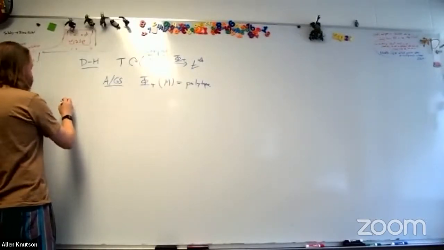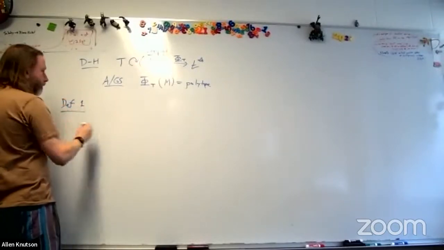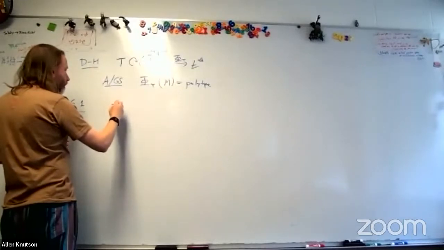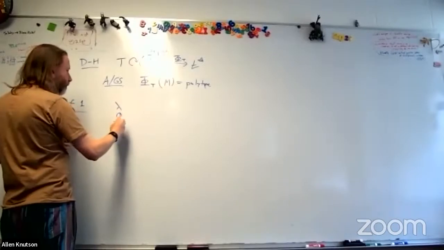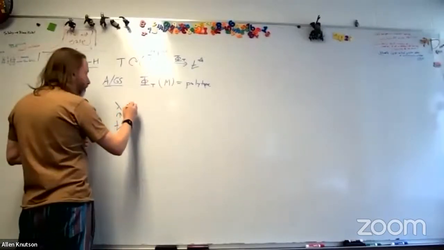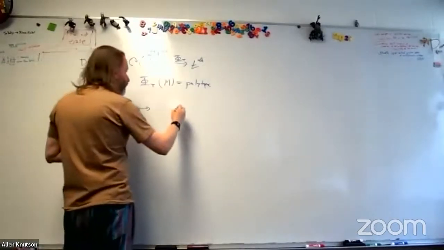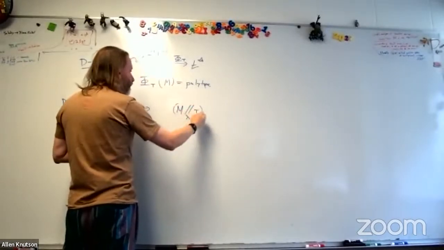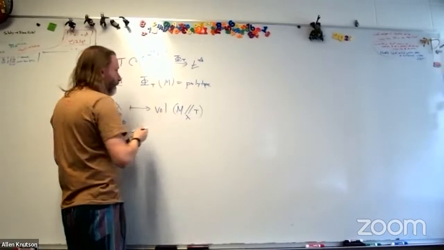So definition one is I will make this function from T dual to the reals, where lambda will map to, I take the symplectic reduction of M at the point lambda, and I consider the volume of that.